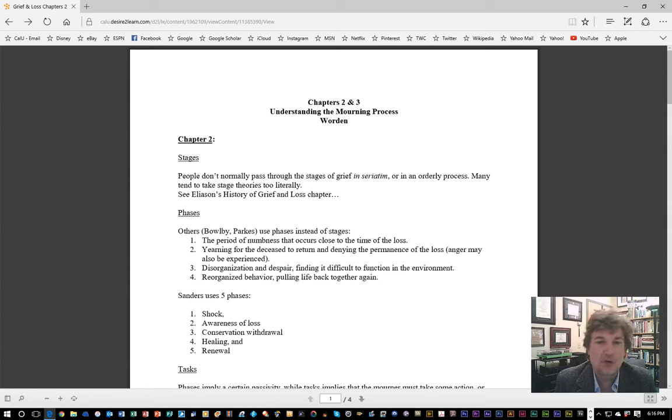Phases. Bowlby and Parks talk about these instead of stages. The period of numbness that occurs close to the time of the loss, yearning for the deceased to return and denying the permanence of the loss. Anger might be experienced. Disorganization and despair, finding it difficult to function in the environment.